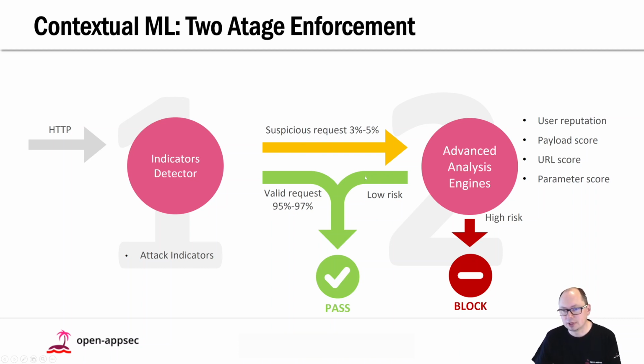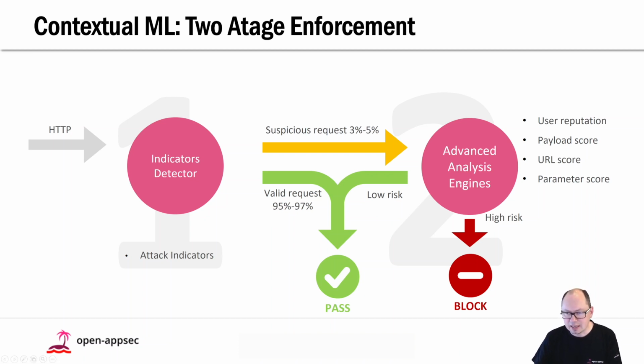and we hand it over to further analysis in our advanced analysis engine, where we do the contextual machine learning analysis. Here we are looking at more dimensions like user reputation, payload score, URL score, and parameter score.